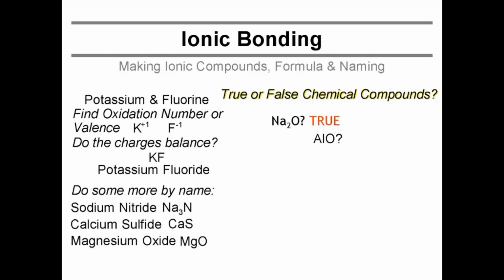Okay, that one, believe it or not, is false because aluminum has a +3 charge, oxygen a -2, and so to balance everything out, you need 2 aluminums and 3 oxygen, +6 on one side, -6 on the other side, and actually the correct answer would be Al2O3 if you put aluminum and oxygen together. Let's try another one.